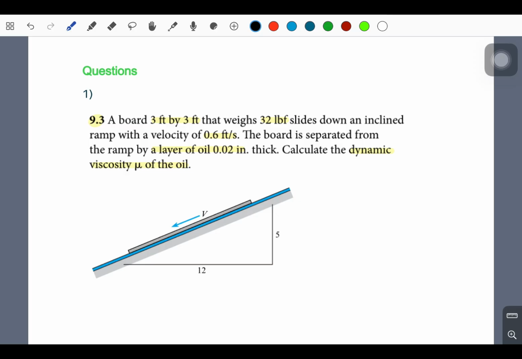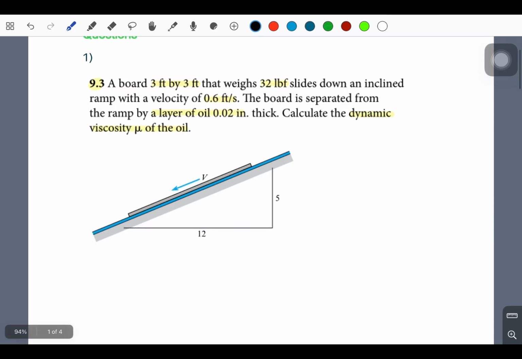So let's look at the question. Here we need to calculate the dynamic viscosity. So to find that, we need to write directions in this question. So we will have shear force, and we will use some equations.